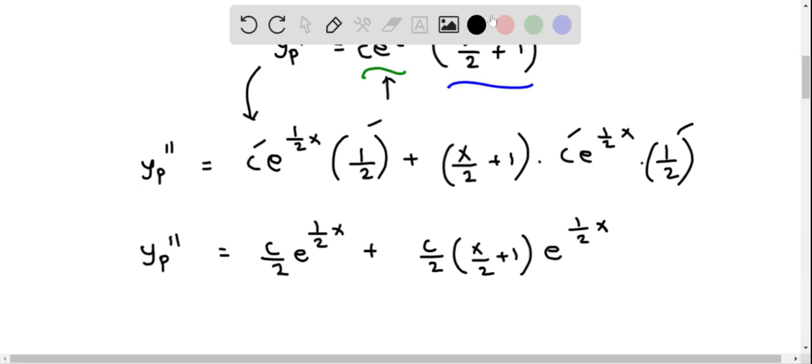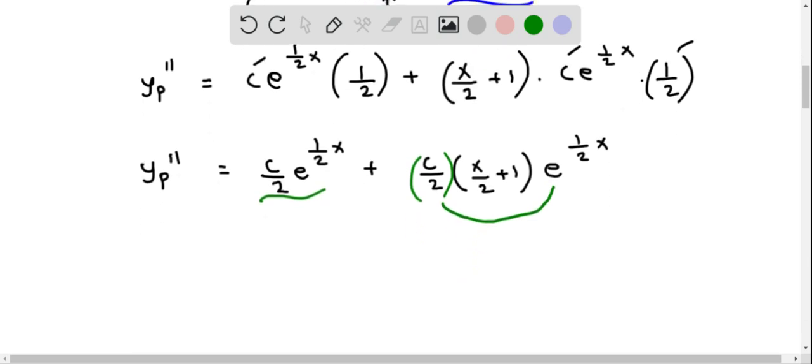The next step, we see that we can factor this expression, that is c by 2 e power half x, and in the second expression also we have the product of c by 2 with e power half x. So I'm going to factor that.